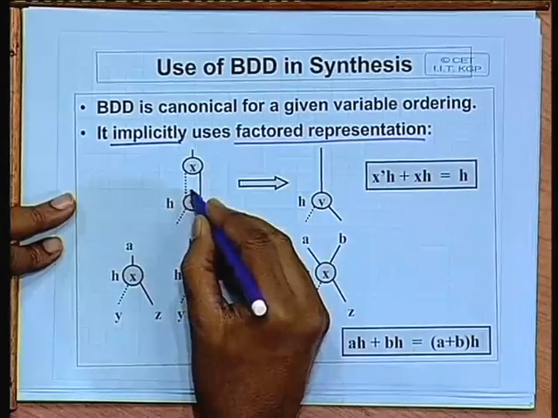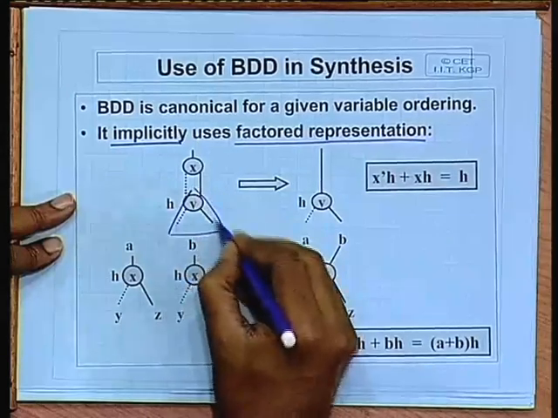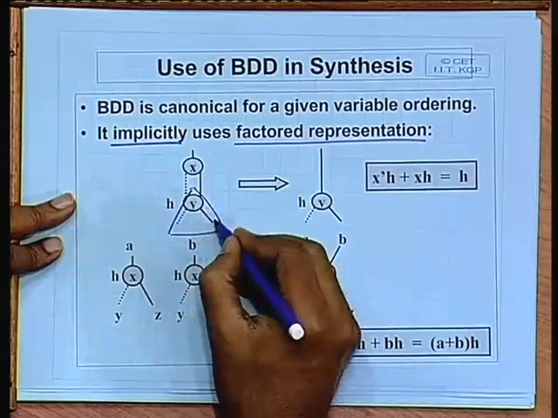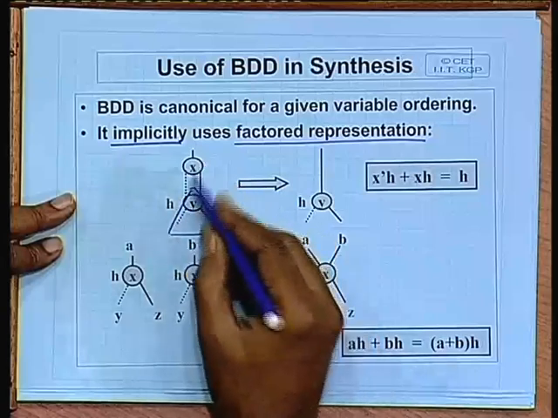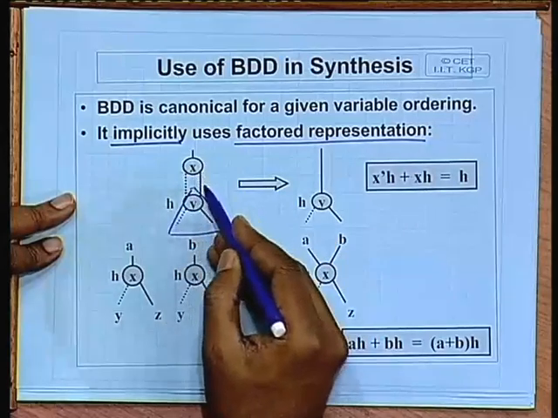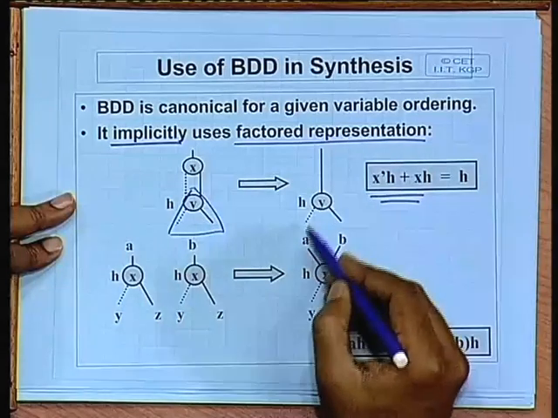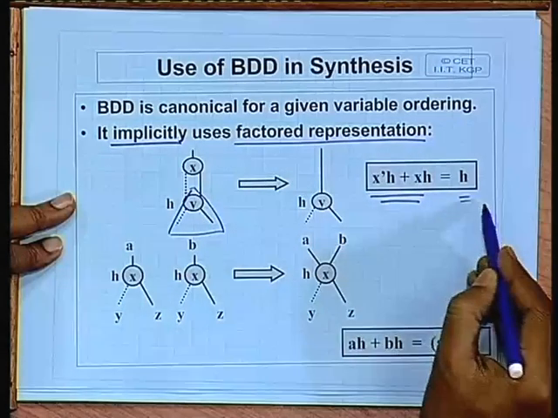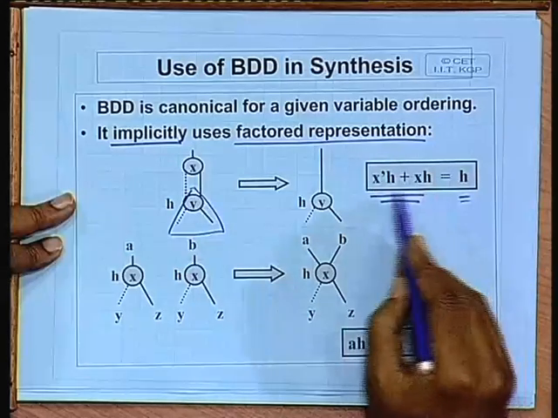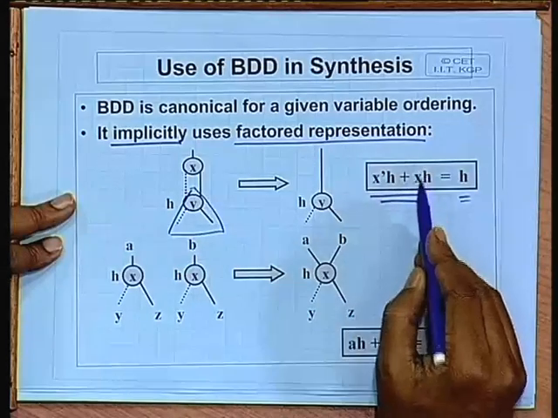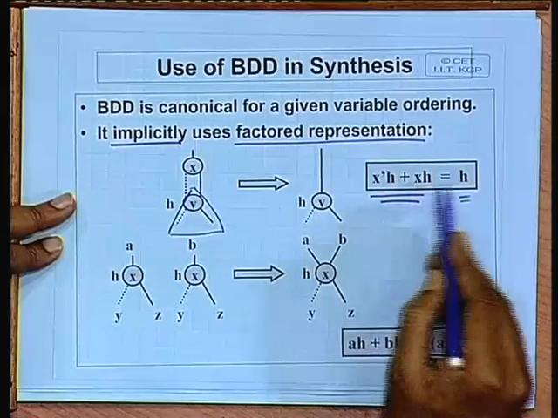Suppose the sub function that is under this y, let us call it h. So, this function is x prime h or x h. Now, after reduction we are calling it simply h. So, it is just a factored form, you just take h common, x prime or x is 1, you minimize it.